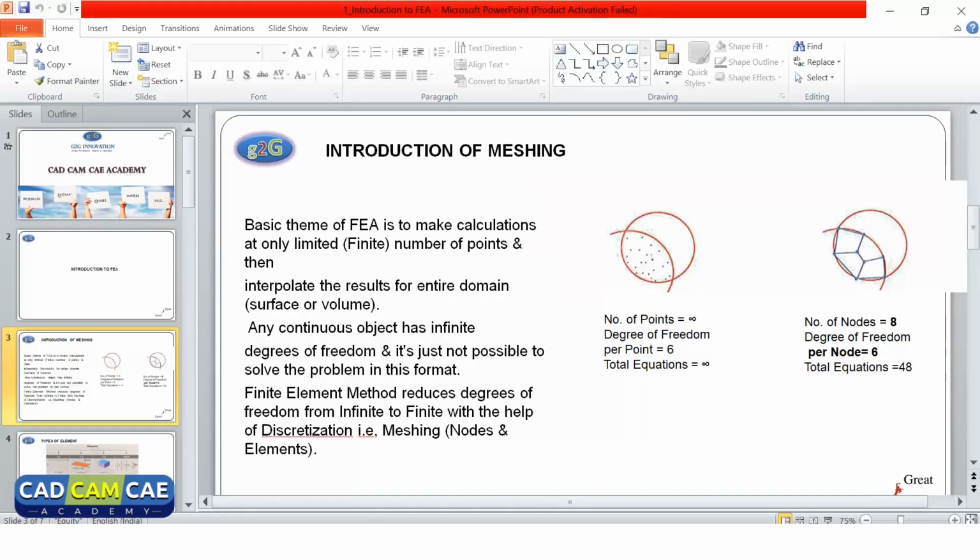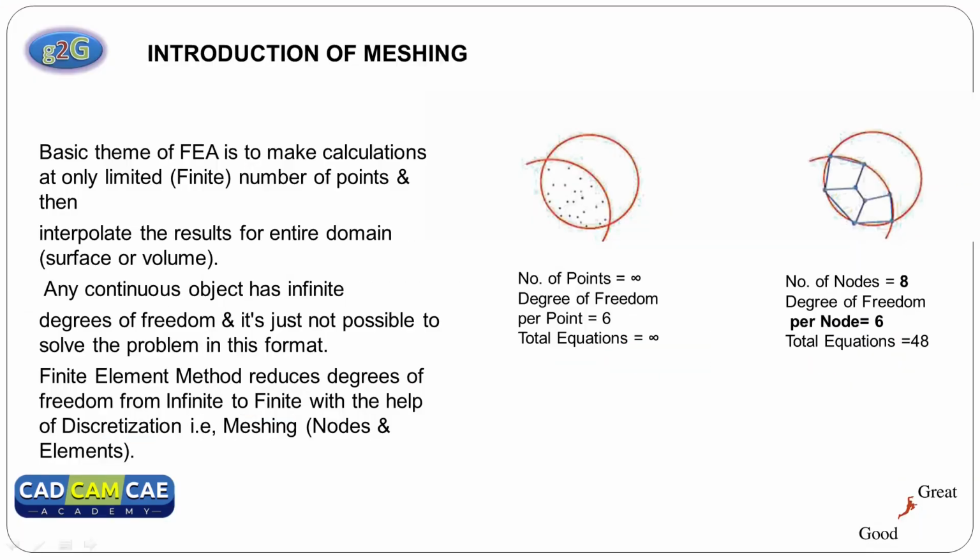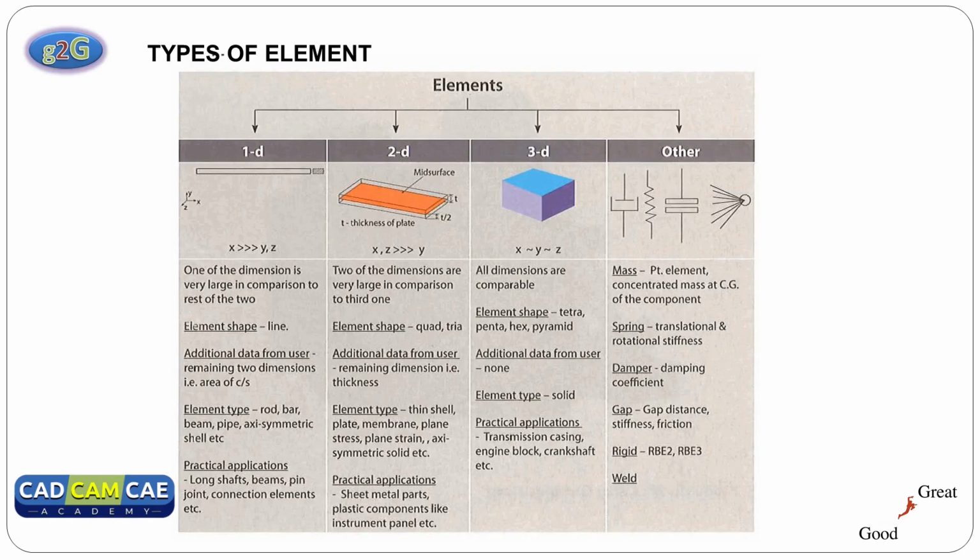So again, coming back to our PPT. This we have just seen: dividing, meaning discretizing, and then calculating the equations. This is nothing but meshing, our first part, preprocessing. So the types of elements will include 1D. What will be the 1D?